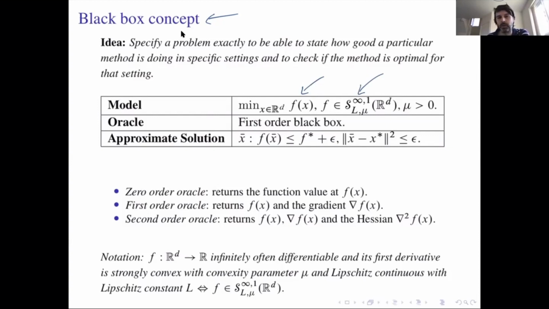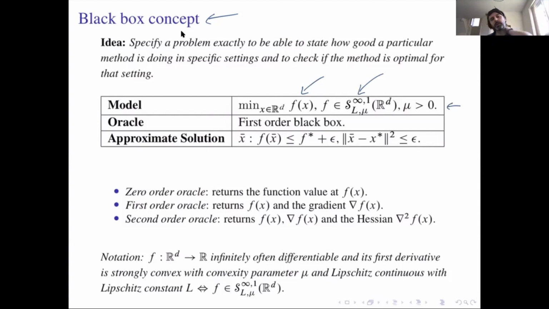These are strongly convex functions, infinitely often differentiable, and the first derivative is Lipschitz continuous. I won't write down the definition of Lipschitz continuous, just saying it can't increase too much, and it has convexity coefficient mu.